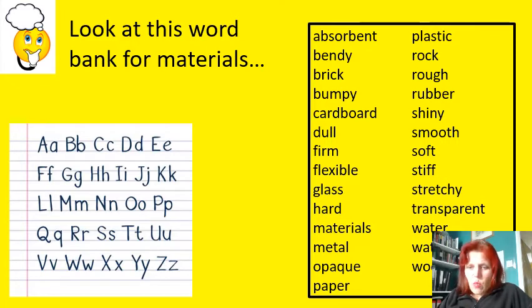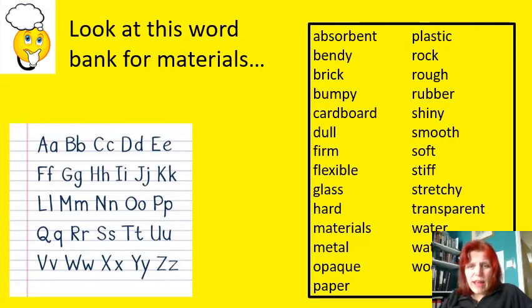So knowing where my letters are in the alphabet and listening out for those first sounds in the word, dull. Maybe I'm looking for smooth, so I hear that first sound and I'm looking for S. S is towards the end of the alphabet, but not at the end. That helps me know where in the list to look.